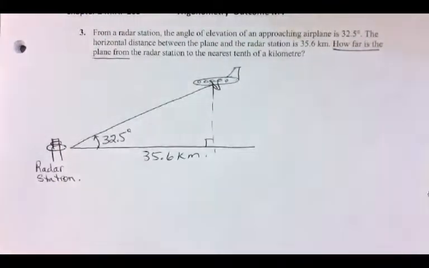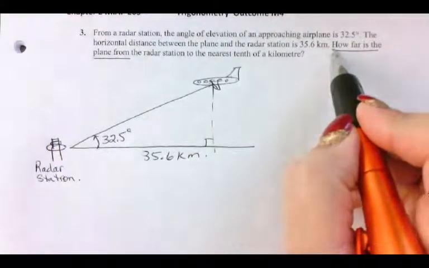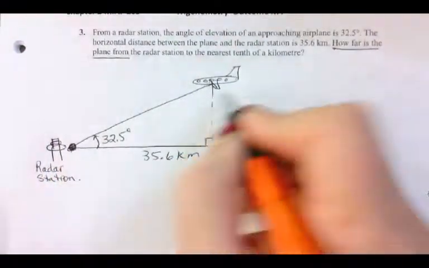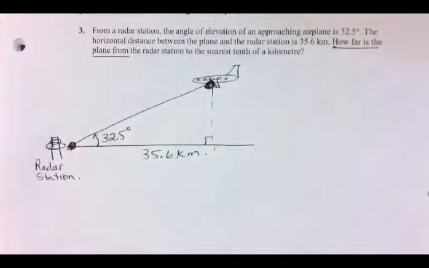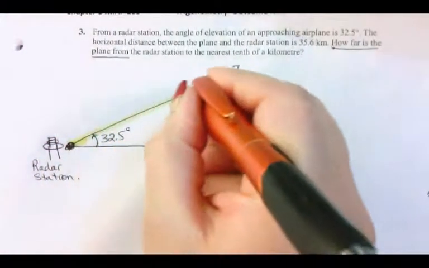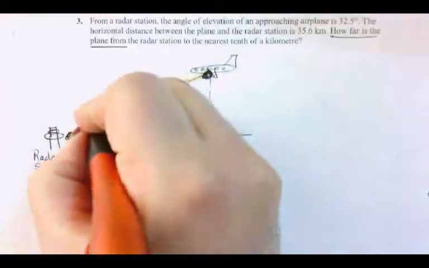So which line are we looking for? When it's saying how far is the plane to the radar station, the radar station is here, and the plane is here. So which line are we looking for? Yeah, so we're looking for this line right here. All right. So this is the required distance.